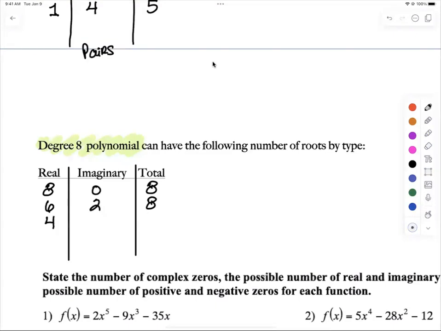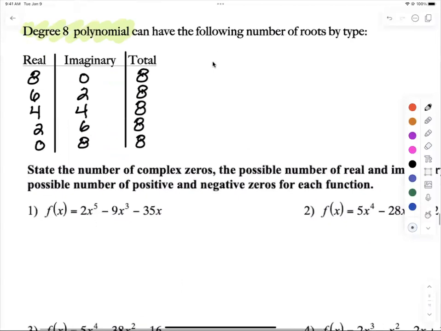I could have 4 of each, giving me a total of 8. I could have 2 real, 6 imaginary, giving me 8. Or I could have no real, 8 imaginary, giving me a total of 8. So remember, the imaginaries occur in pairs, so I can only have an even number of imaginary every time.